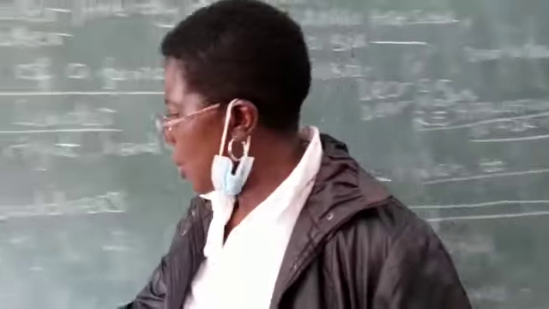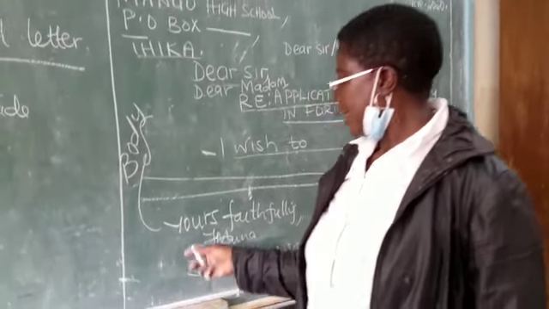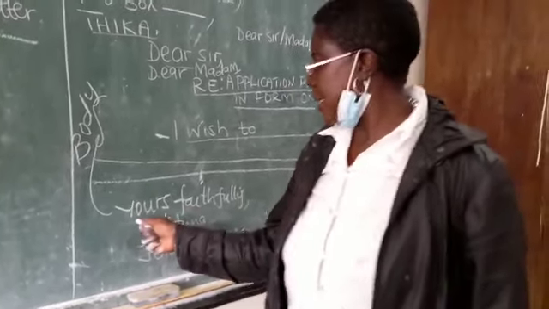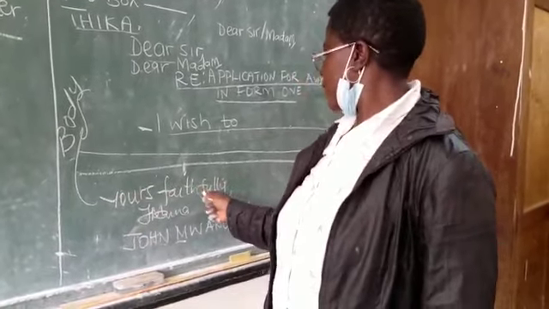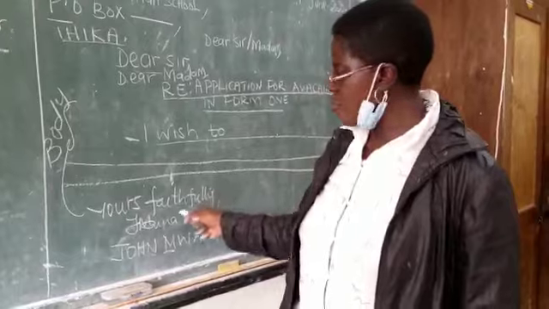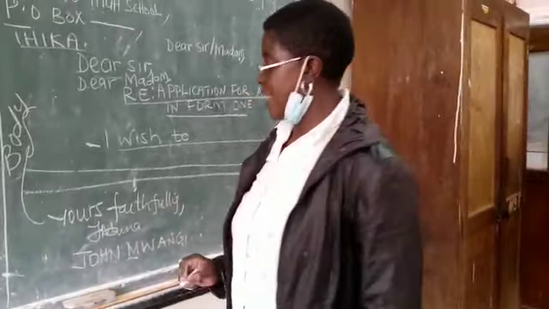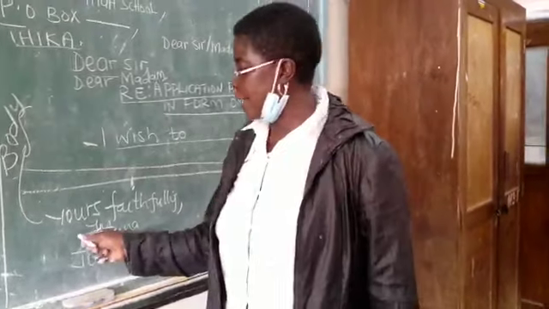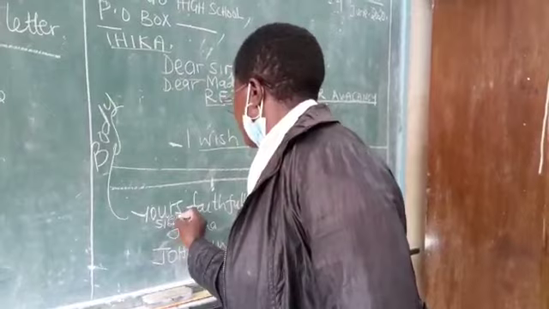Then from there, we go to the ending. Now, how do you end an official letter? The ending, you write it here on the left-hand side corner. So you write yours faithfully, comma. You can also write yours sincerely, comma. Then here you sign the signature.